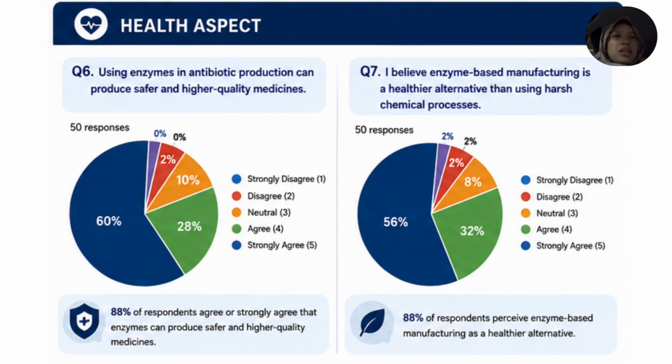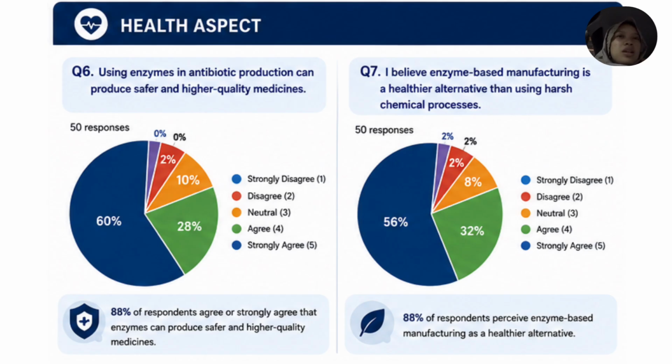The health-related responses also indicate a favorable perception of immobilized enzyme technology. In question 6, most respondents agree that using enzymes in antibiotic production can produce safer and higher quality medicine. This reflects public confidence in biocatalytic processes, which are widely recognized for their high specificity and ability to minimize unwanted byproducts during pharmaceutical manufacturing.